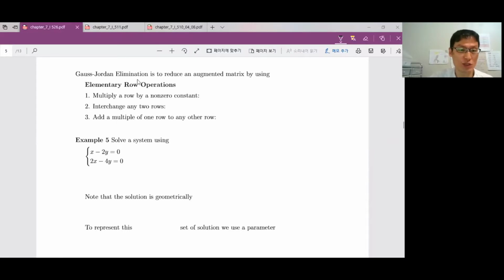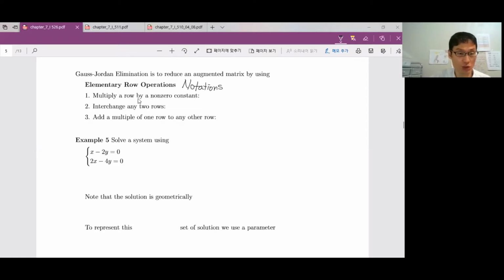Okay, so Gauss-Jordan elimination is to reduce the augmented matrix by using those operations. So, quick notation. Again, we want to find a quicker way, so we can use better notations.